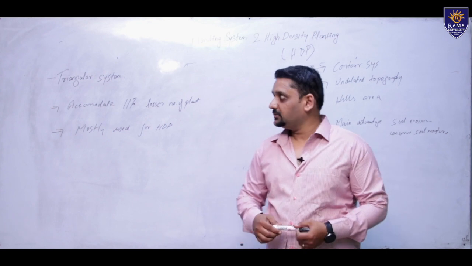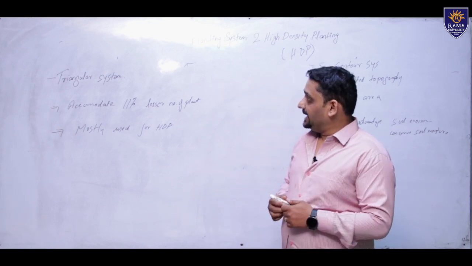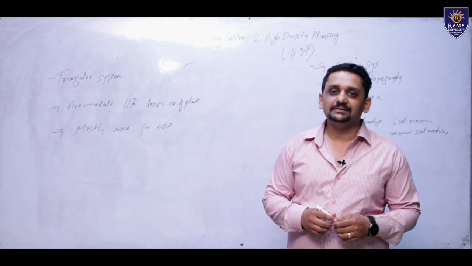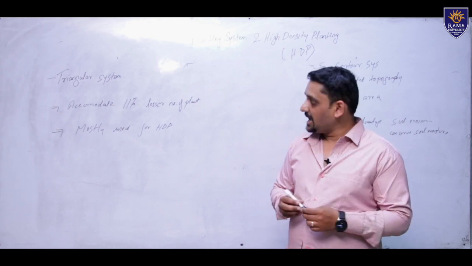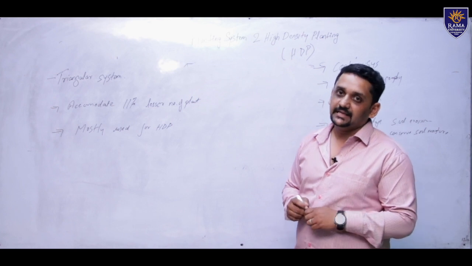Now coming forward, the sixth system of planting is the triangular system, which accommodates 11% fewer plants as compared to the other system, and it is the system which is mostly used in high density planting.